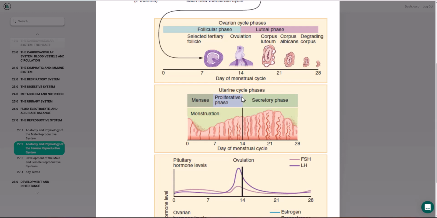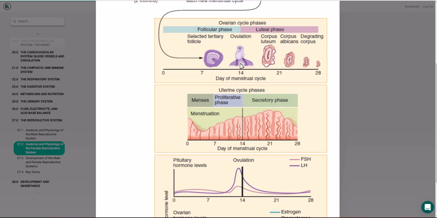And if you look, day 14, right about here. I've said before that if the egg is fertilized, it takes about 5 or 6 days for the embryo, the early blastula, to reach the uterus.